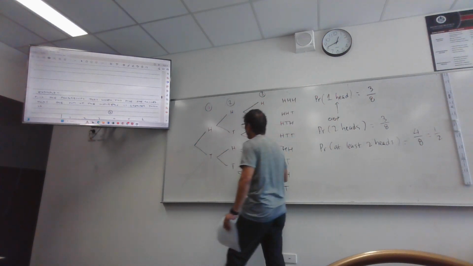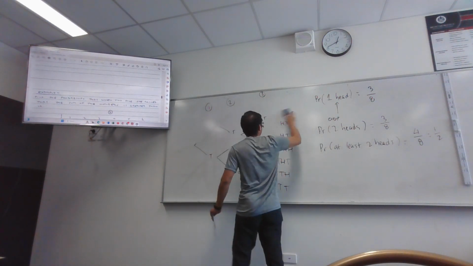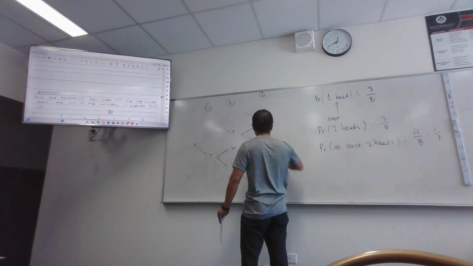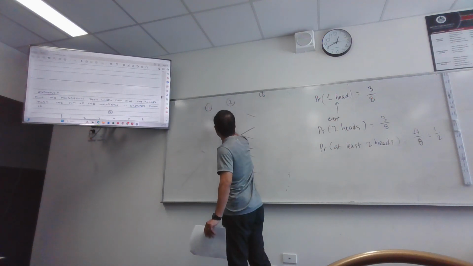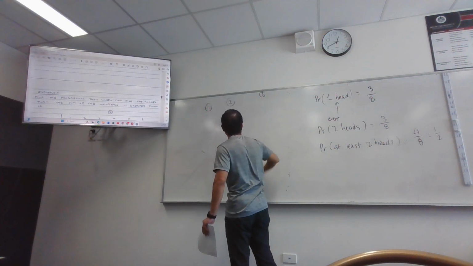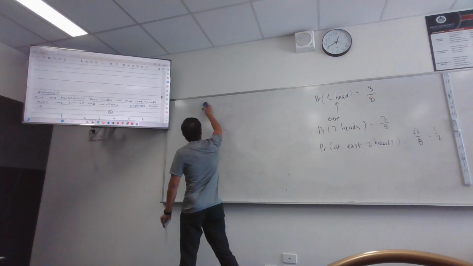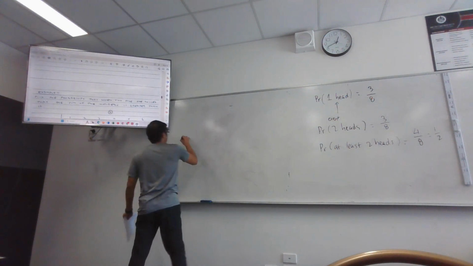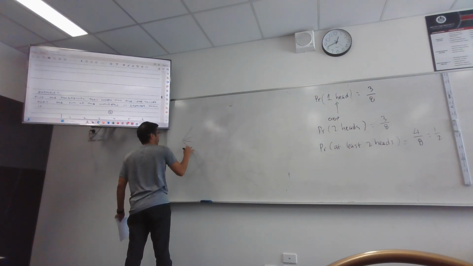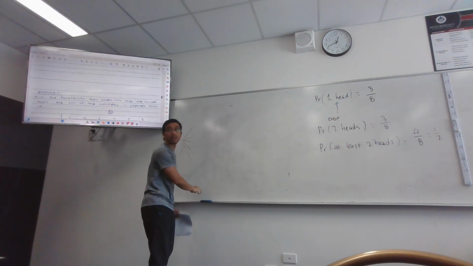Now, you could do this. You could do a tree diagram. But what's another option? You could start off as 1, 2, 3, 4, 5, 6. You could do that.